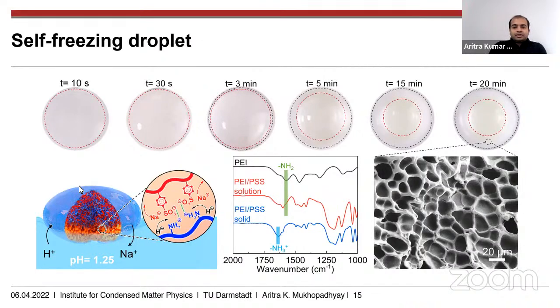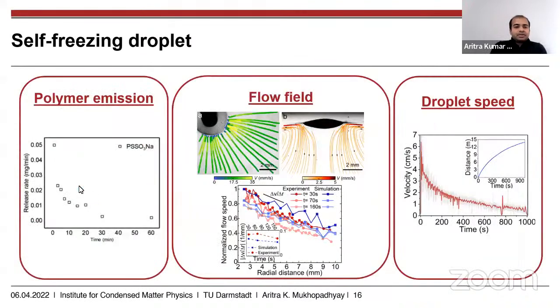We could measure the emission of the polymers from the droplet, and they show an exponentially decaying behavior over time. And these polymers reduce the surface tension of the fluid, and this gives rise to Marangoni flow, as you can see in the middle panel.